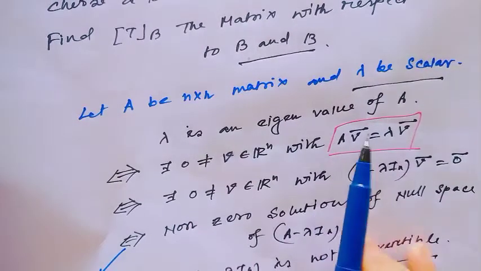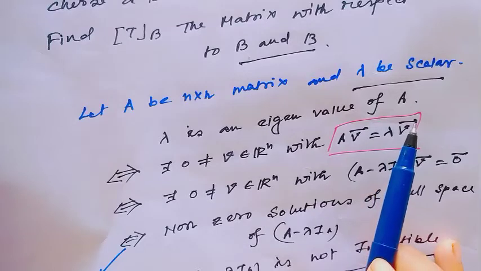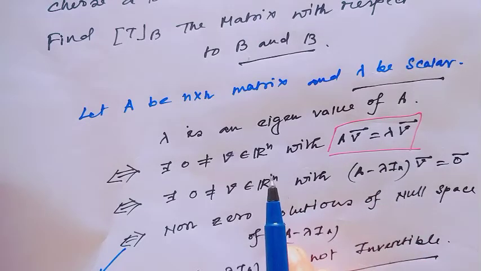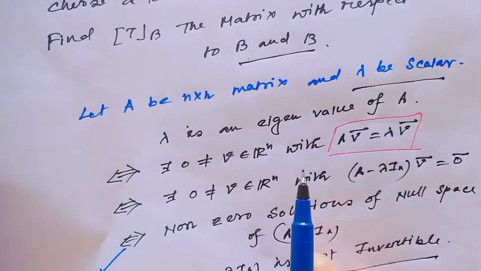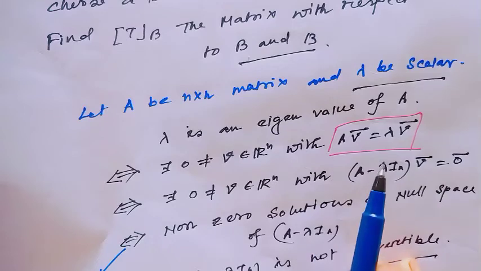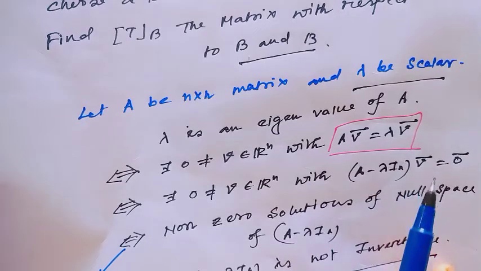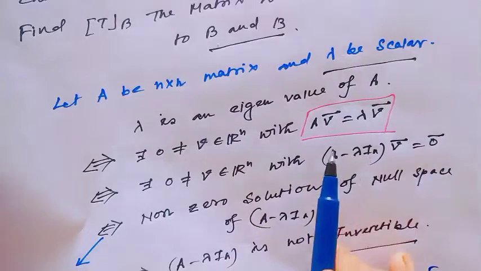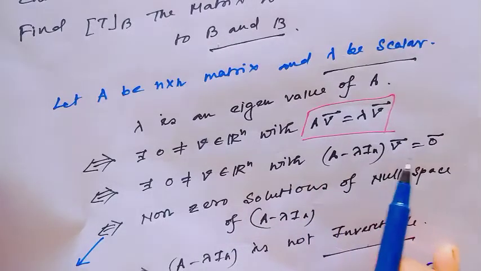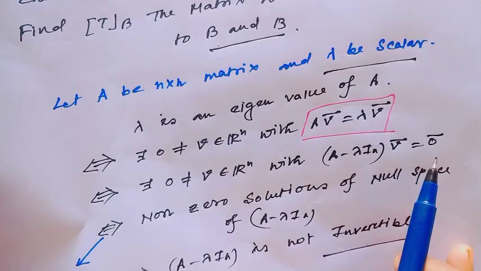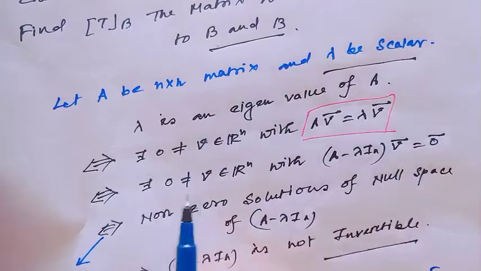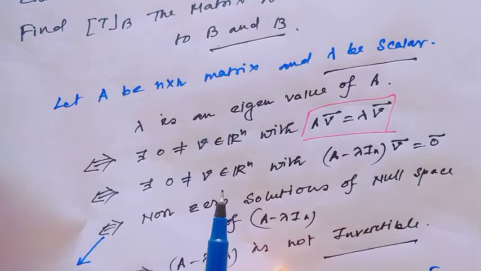Since lambda is an eigenvalue of A, obviously there exists a non-zero v in R^n with the condition Av equals lambda times v. That implies (A minus lambda I)v equals the zero vector for v not equal to 0.